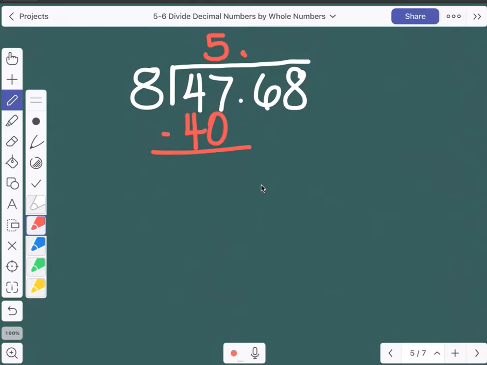I'll have 7 after I subtract, and I bring down my 6. 8 goes into 76 how many times? Well, 8 times 8 is 64, 9 times is 72.